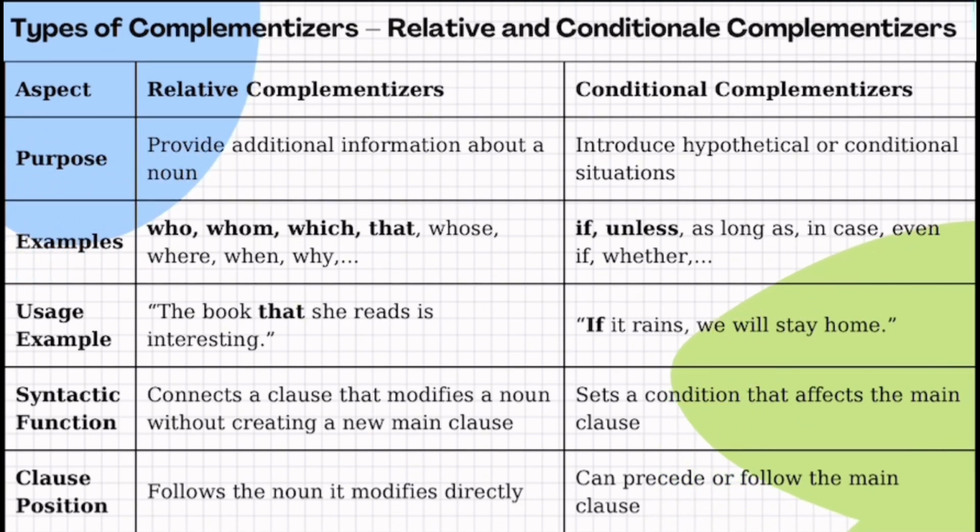Next, conditional complementizers introduce conditional or hypothetical scenarios where the main clause's validity depends on the subordinate clause. Words like if, unless, as long as, in case, even if, and whether serve this purpose. For instance, in if it rains, we will stay home, the complementizer establishes the condition for the main clause.